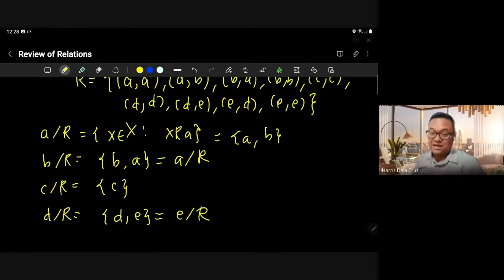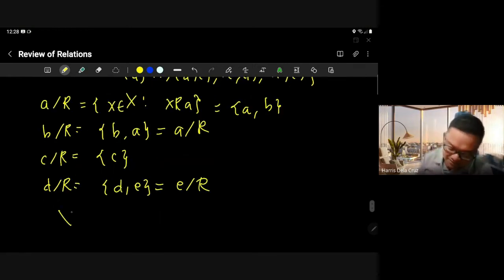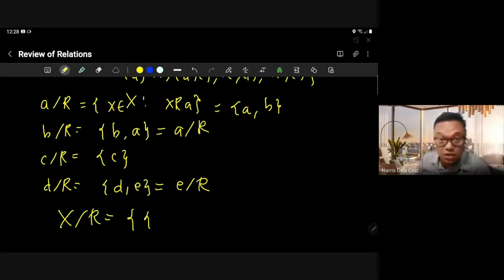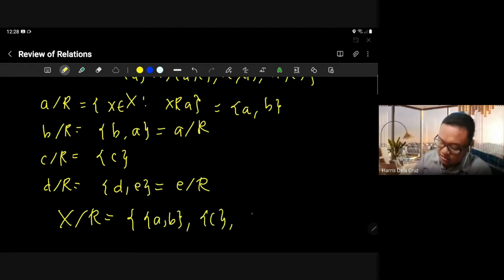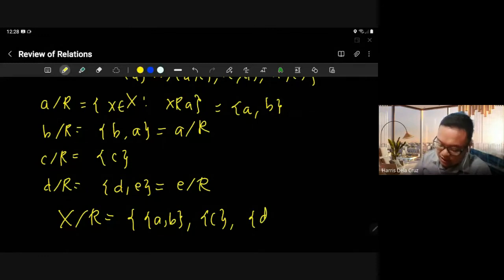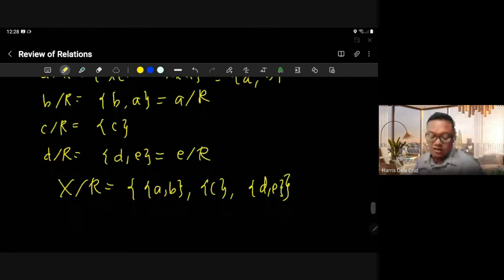So those are equivalence classes. The equivalence classes, the X over R, is the collection of sets containing A and B, containing C, and containing D and E. So these are the equivalence classes induced by R. But as we can see, this is the same as the partition.